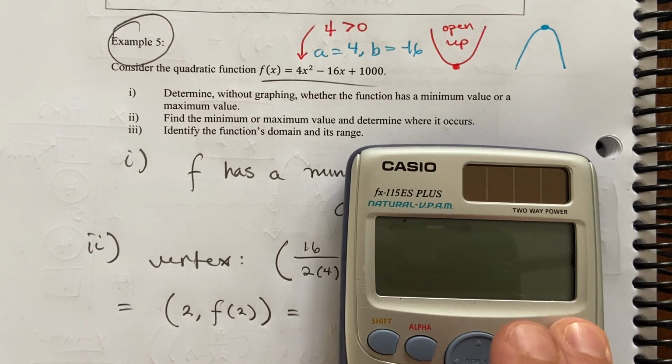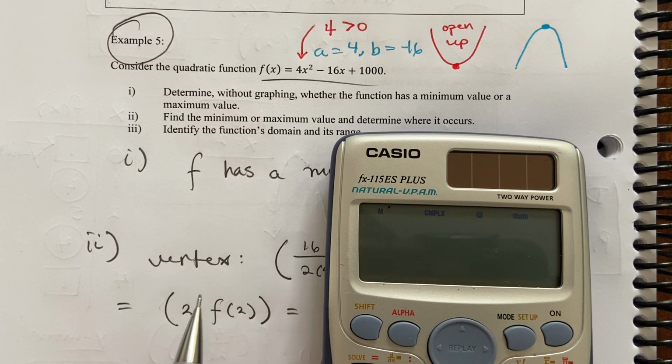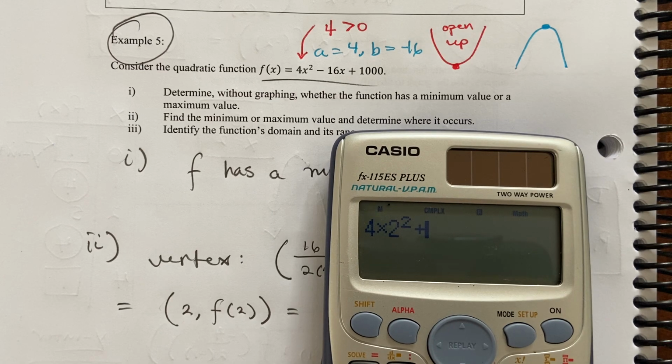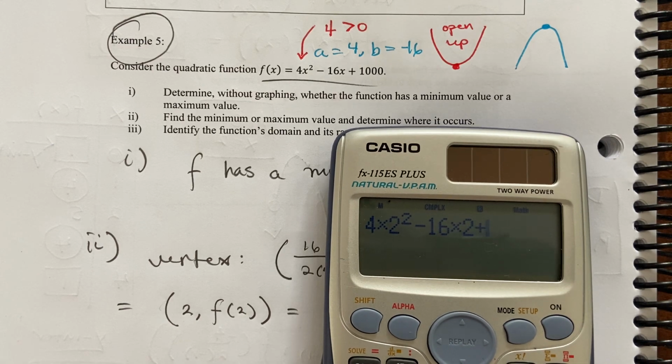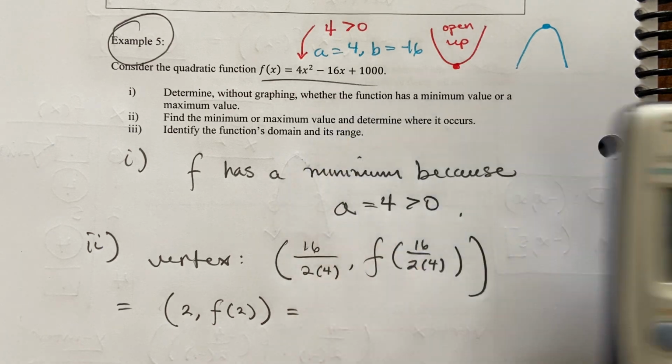So plugging in a 2 into the function to figure out the y component of the vertex, right? So 4 times 2 squared minus 16 times 2 plus 1,000. So 984.